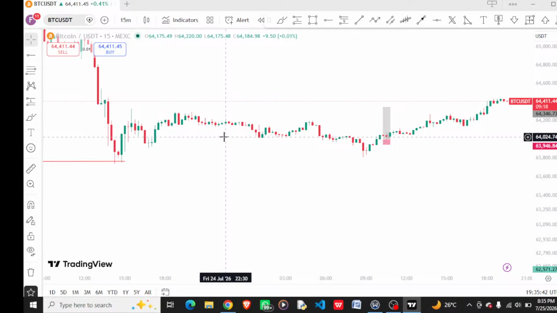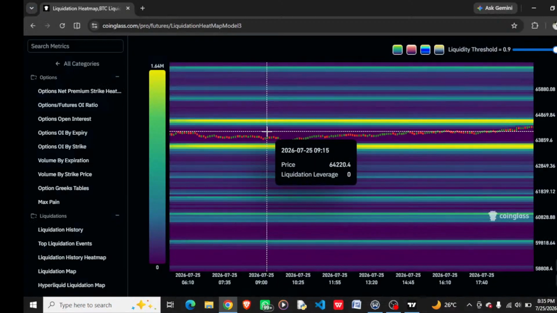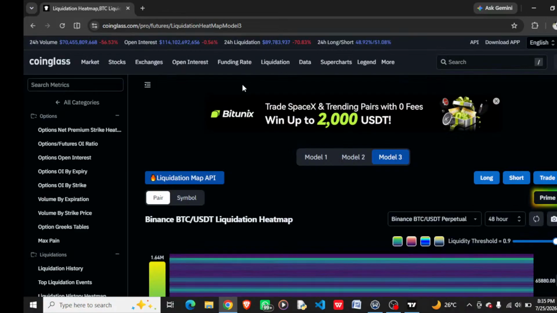So there is this app or website, they call it CoinGlass. So let me go to that website. So this is the website. The name of the website, I will drop the link in the description so you guys can just look it up. So they call it CoinGlass.